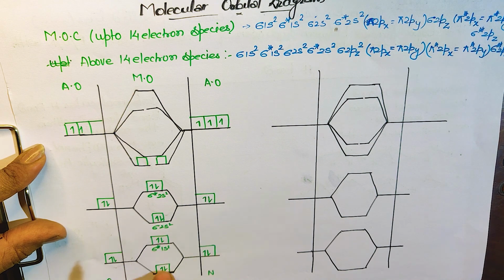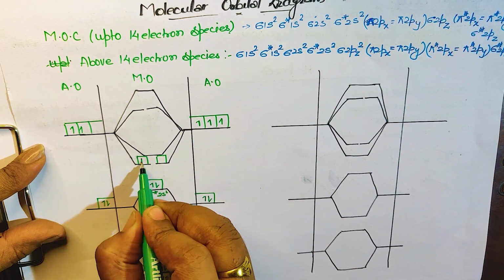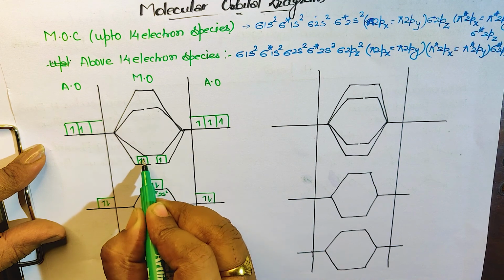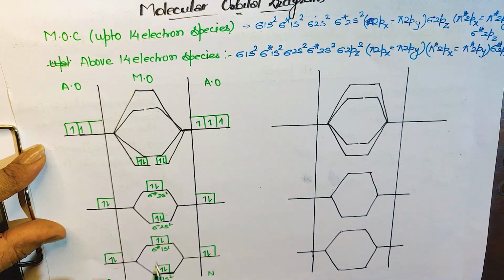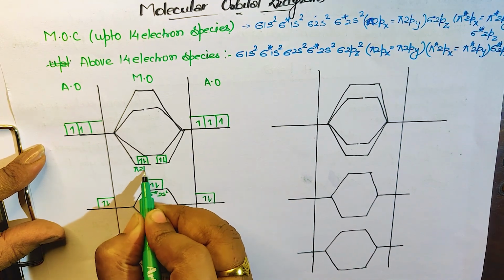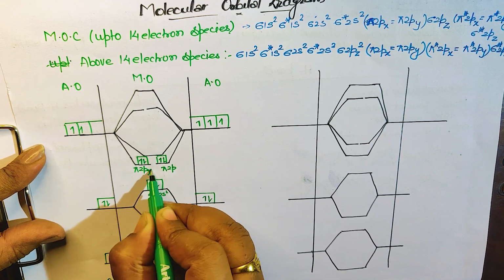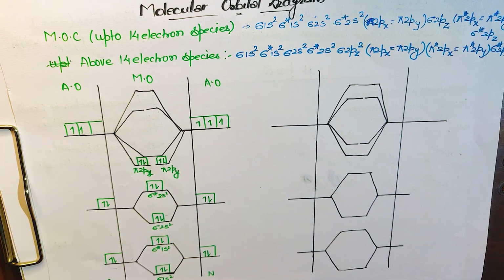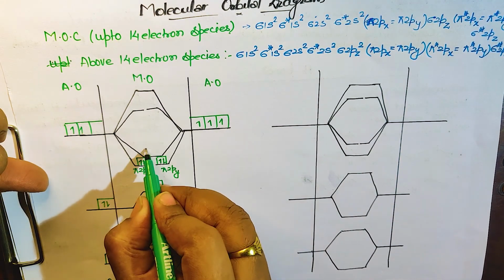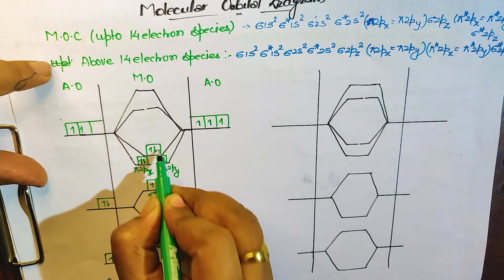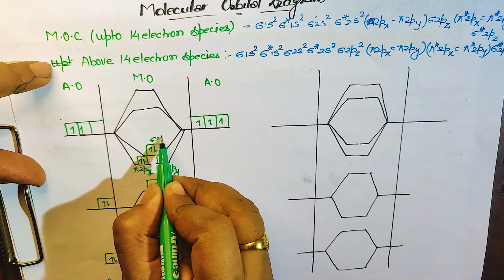Already 2, 4, 6, 8 done. This is 9, 10, 11, 12. Got it? This one is pi 2px and this one is pi 2py. And still 2 more electrons are left, so that will go to 2pz. This is sigma 2pz.